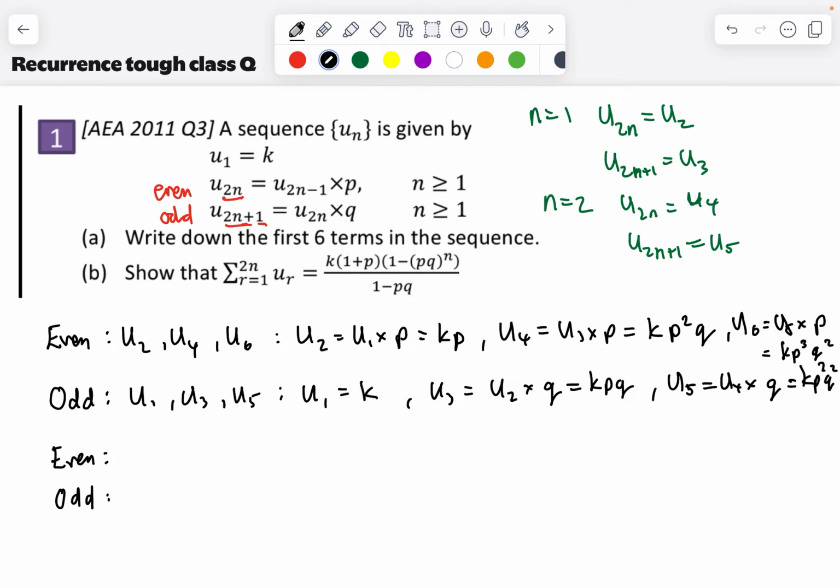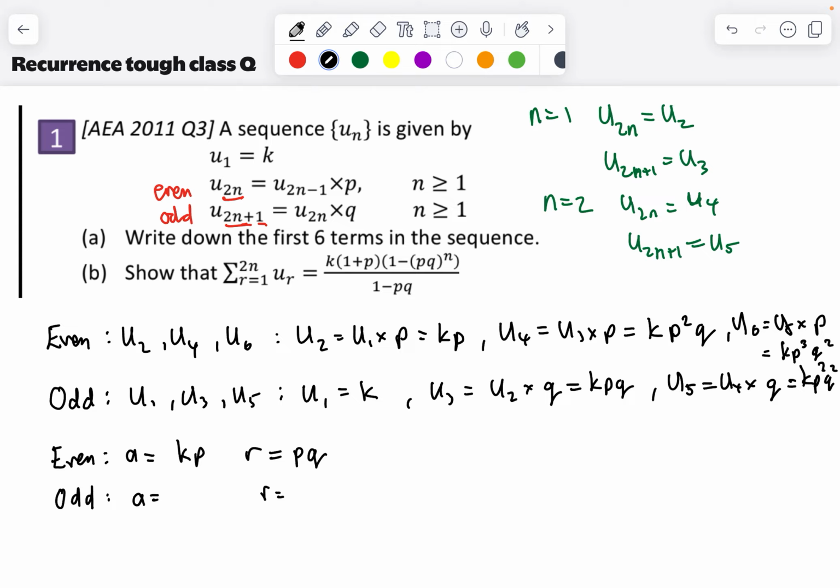Now we can see we're multiplying, so these are geometric sequences. So we need a and we need r for both. From our even sequence, our first term was u2, and that was kp. For r, the next term is kp squared q, so we're multiplying by pq.